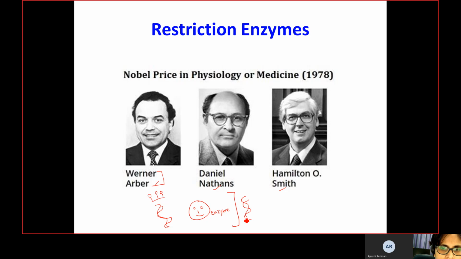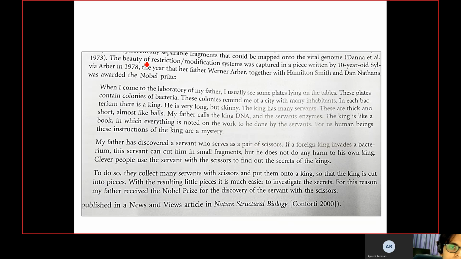If any foreign DNA is trying to invade this colony, this enzyme will cut it into pieces. It will not chop off its own king, but will only look after the secrets of another king invading into the system. So let's see what she writes, and I quote here.